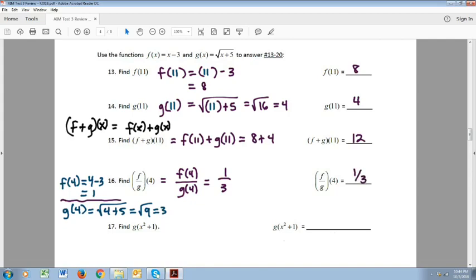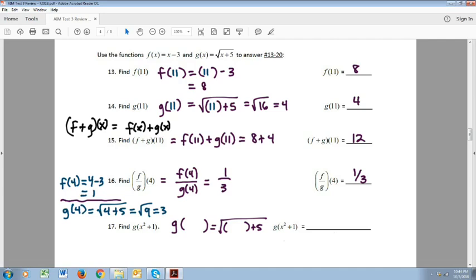On number 17, we're going to plug in x squared plus 1 as an input into the g function. So let's make a shell for the g function. Again, notice that I've rewritten the g function, but wherever there was an x, now there's parentheses.